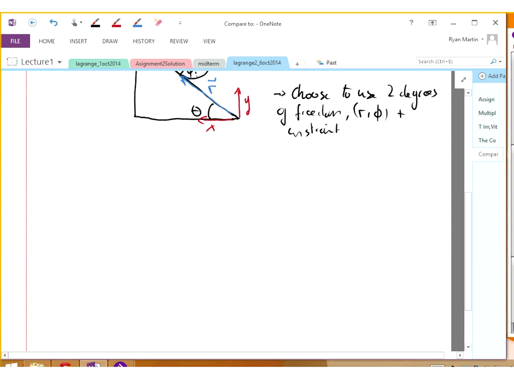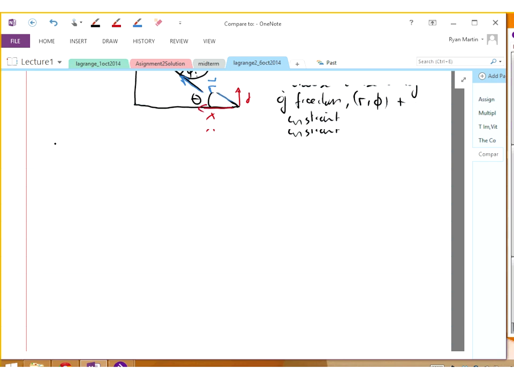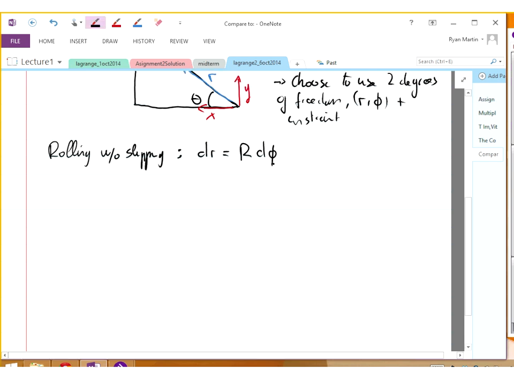So it turns out, if you recall, rolling without slipping is actually not a holonomic constraint because it's a constraint on the velocities. However, in a one-dimensional system, it can be integrated out. So the constraint, rolling without slipping, is the constraint that dr, so d little r, is big R d phi.